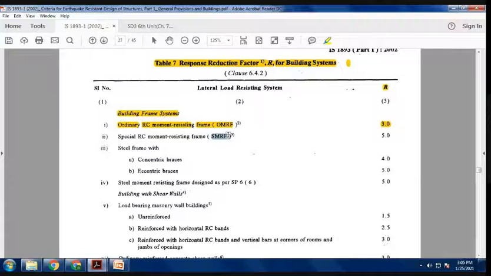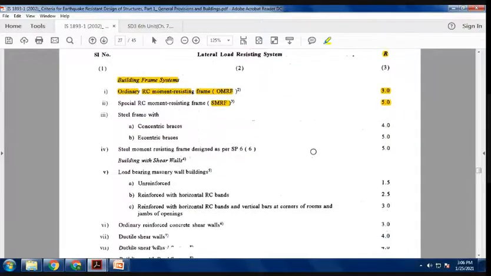Suppose he says that your building is SMRF, that is special moment resisting frame, then you should take the R value as 5. Just remember, if he says that the school building is located in zone 2, and the type of the building is SMRF, meaning special moment resisting frame, then you should take the value of R as 5.